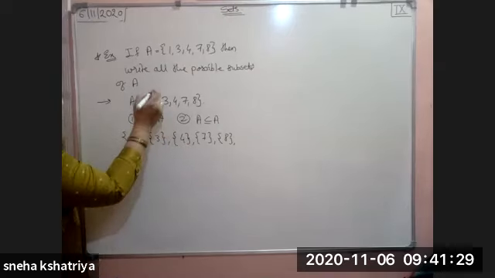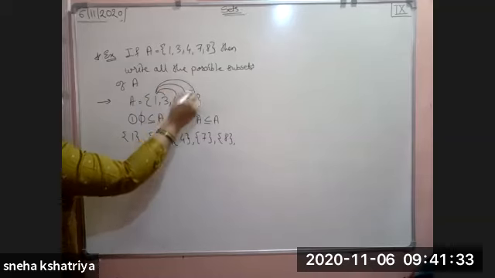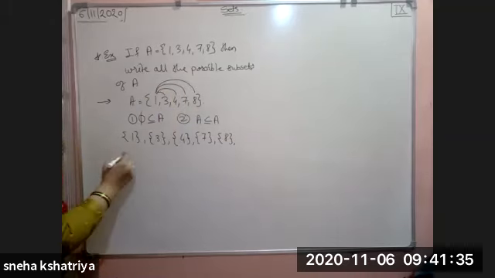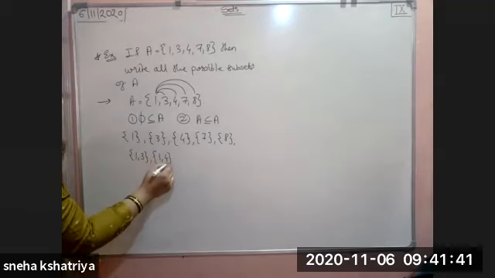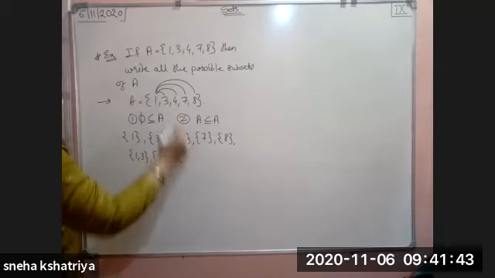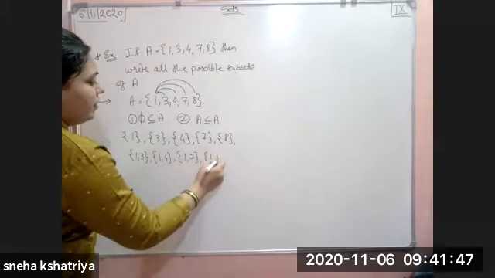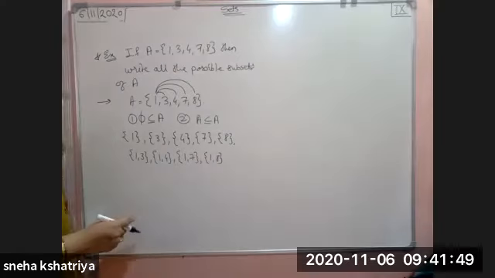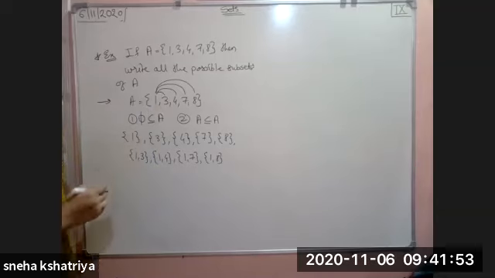Take {1, 3}, then {1, 4}, {1, 7}, and {1, 8}. Only the pairs regarding 1 we are taking.